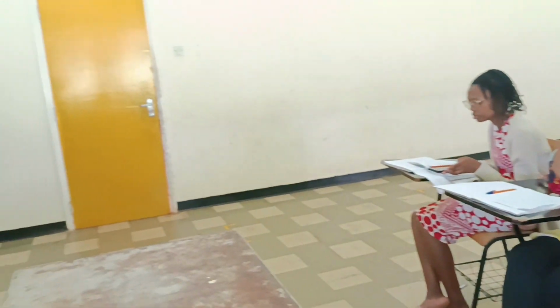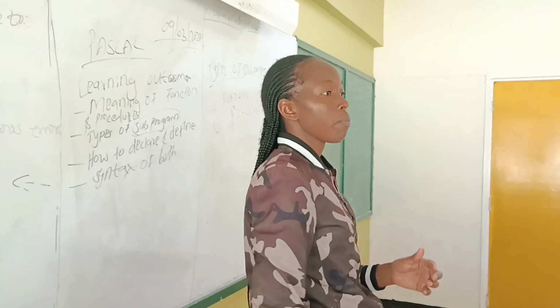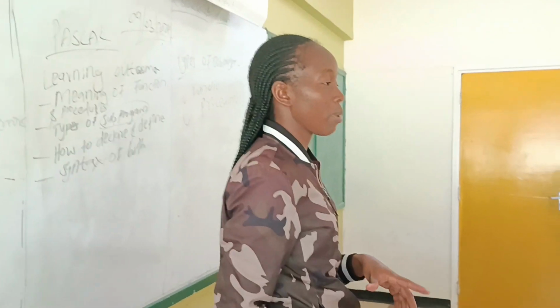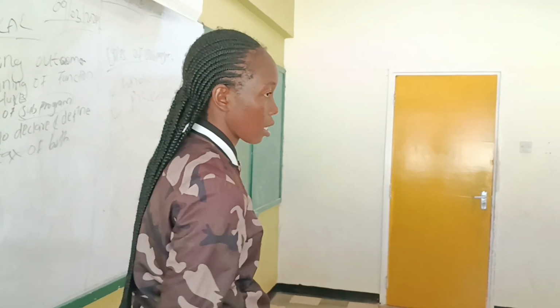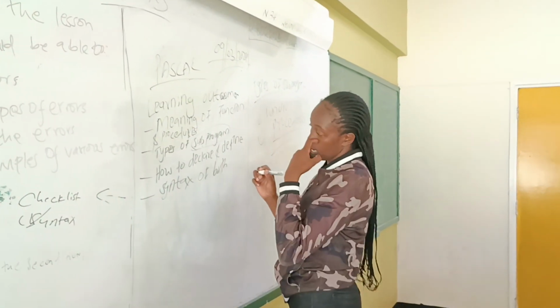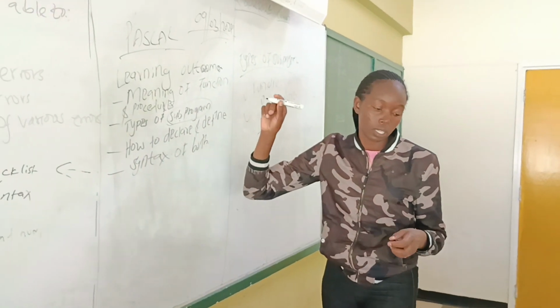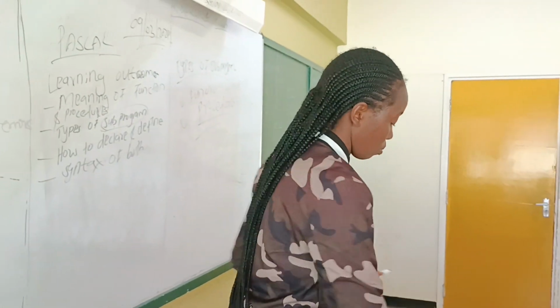It is a subprogram that does not return a single value directly. But it returns a value, but not directly. Right? Thank you. So we have the syntax of both of these subprograms.